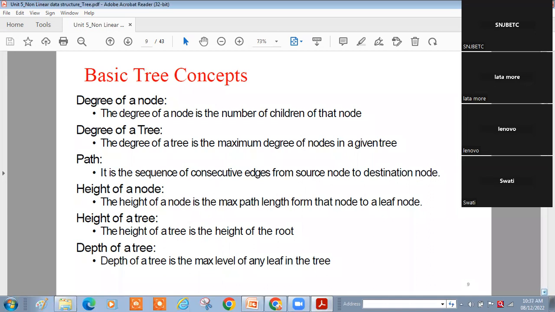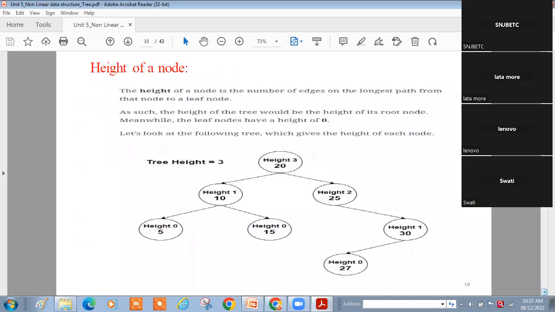Now see, there may be some confusion between height and depth. So in detail, I will explain about this. See this diagram. In this diagram, you can see this elaborates the height of a node. So height of a node is the number of edges on the longest path from that node to the leaf node.